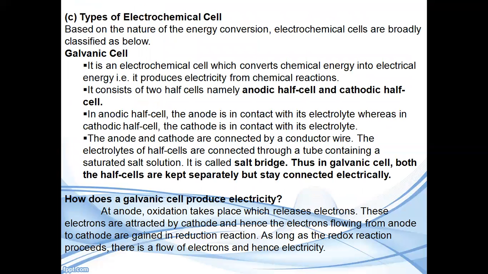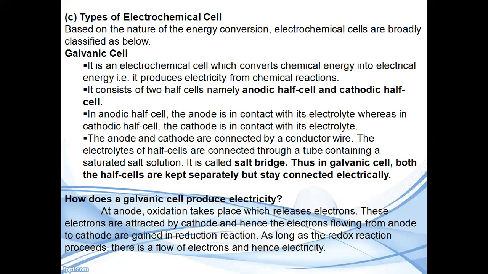The next one is types of electrochemical cell. The first one is galvanic cell and the second is electrolytic cell. So one by one we discuss. The first one is galvanic cell. An electrochemical cell which converts chemical energy into electrical energy, that is, it produces electricity from a chemical reaction.